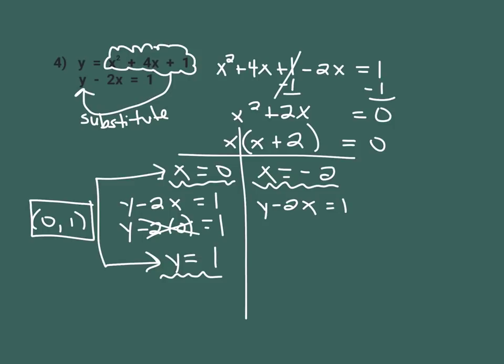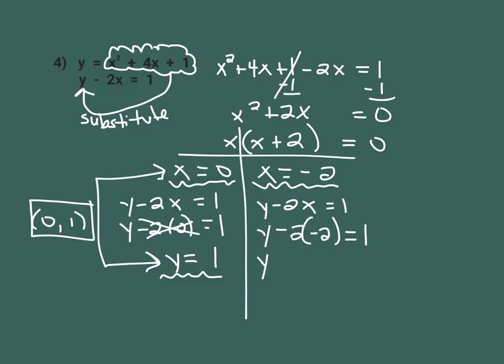All right, so let's finish on the other side. Now we're going to substitute this x value of negative 2 into this equation. So we'll have y, actually, let me erase this. It should be a minus sign, not an equal sign. So we'll have y minus 2 times negative 2 equals 1.